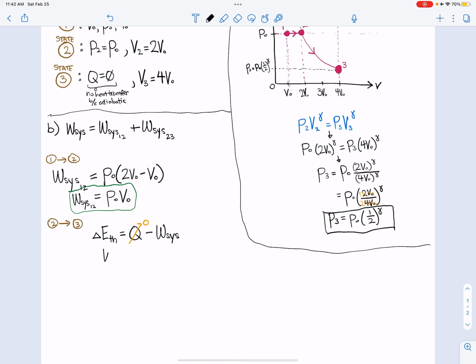We'll be left that the work done by the system is equal to the negative change in internal energy, right? Or thermal energy. Those are interchangeable, so you might hear me use them interchangeably. Okay, what else do we know?